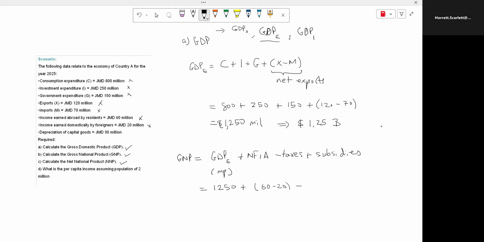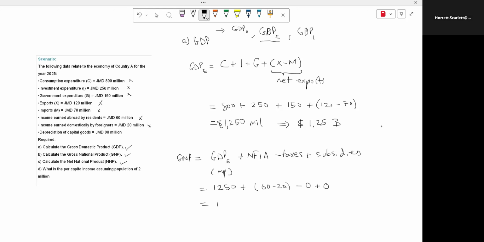Then we want to get rid of the indirect taxes, but the problem does not tell us anything about indirect taxes. So we have to assume that there's none. So that's 0. And we now need to account for the subsidies. But once again, the problem does not tell us anything about subsidies. So once again, we assume that subsidies are going to be 0.